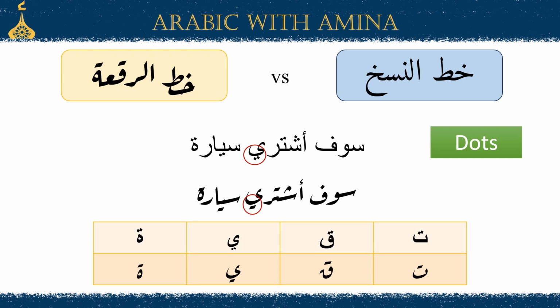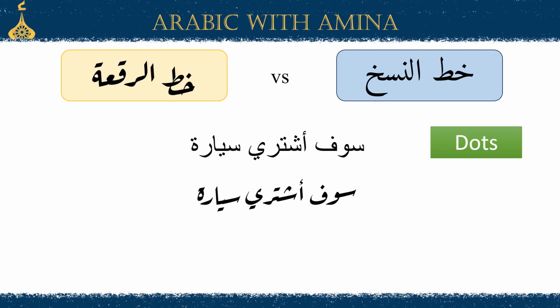And this sentence provides multiple examples of this writing style. You can see the letter Ta, you can see the letter Ya, you can see Ta marbuta. Moving on to the three dotted letters, such as Shin, you can see that in Reqaa, the three dots are written like an upside down V. This writing method also applies to the letter Tha, since it also has three dots.